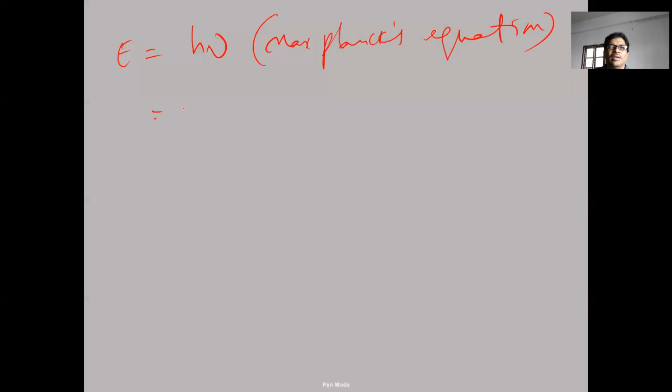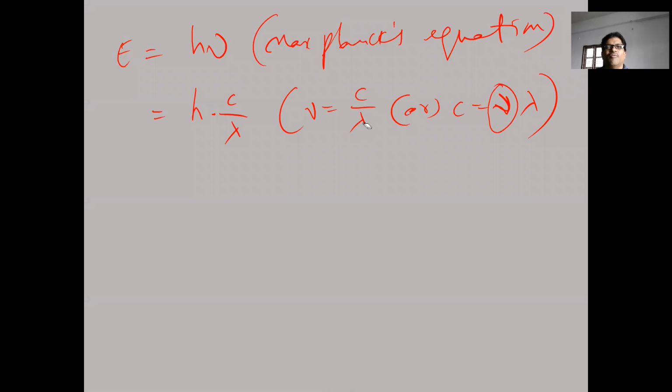Now h into c by lambda. Why? Here nu equals what? We know that c equals nu lambda, so nu equals c by lambda. Frequency is equal to velocity of light divided by wavelength.